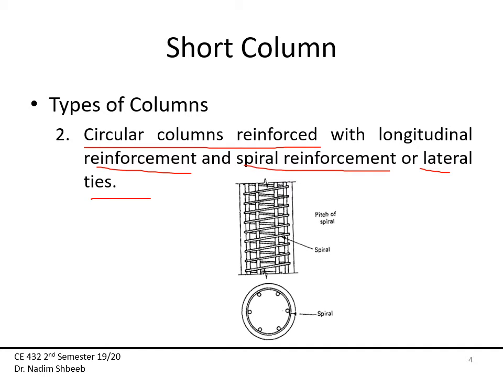We could use both, but usually for circular columns the preferred reinforcement is the spiral, because it gives you more confinement and it's better to deal with. As I mentioned earlier, we call this the pitch, which is the distance between the spirals.